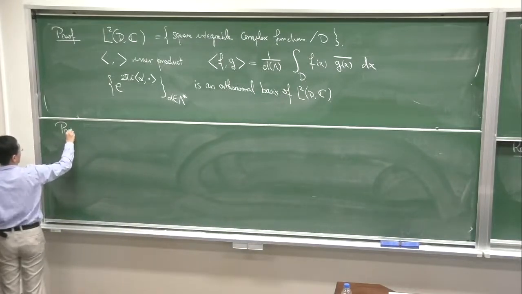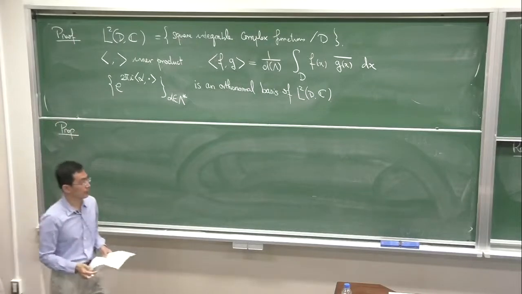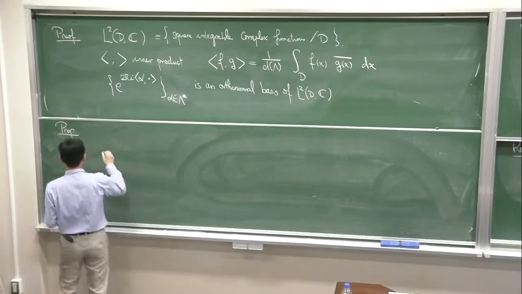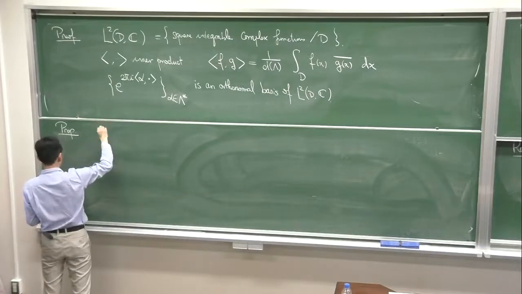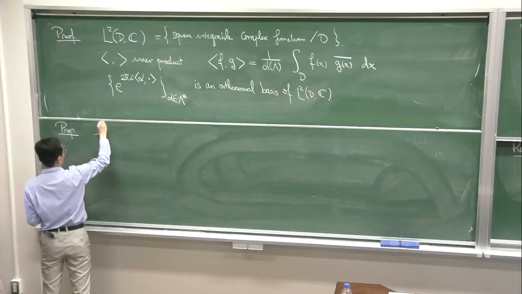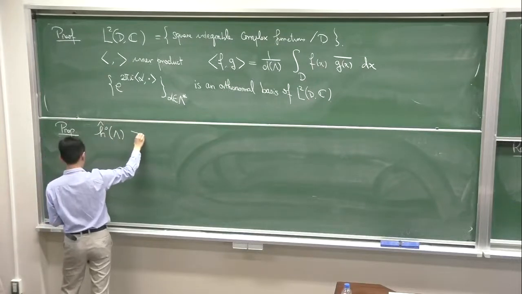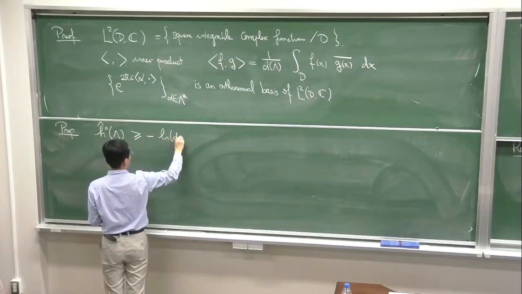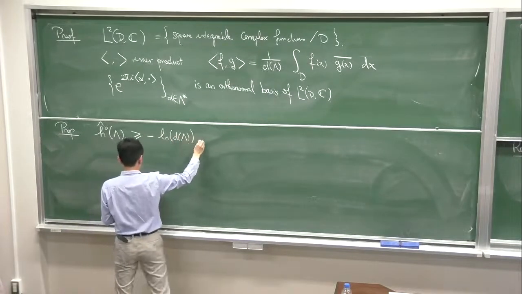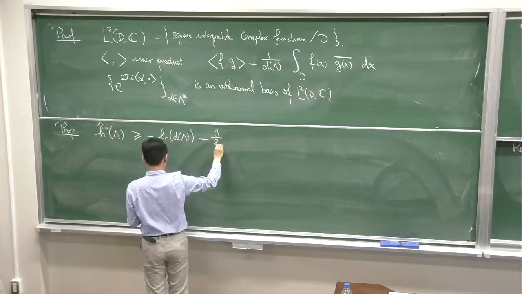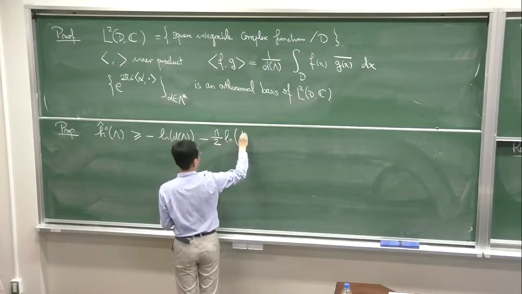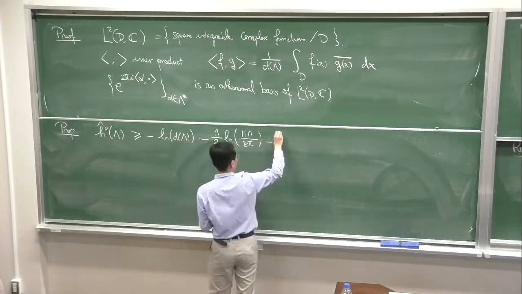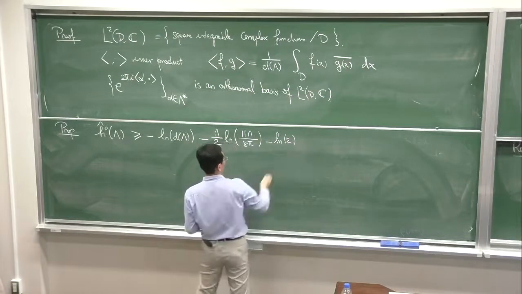Now, for example, we can give some lower bound of this H0 hat of lambda. So, for example, you will have H0 hat of lambda is bounded from below by minus log of d lambda minus n over 2 log of 11n over 8 pi minus log 2.